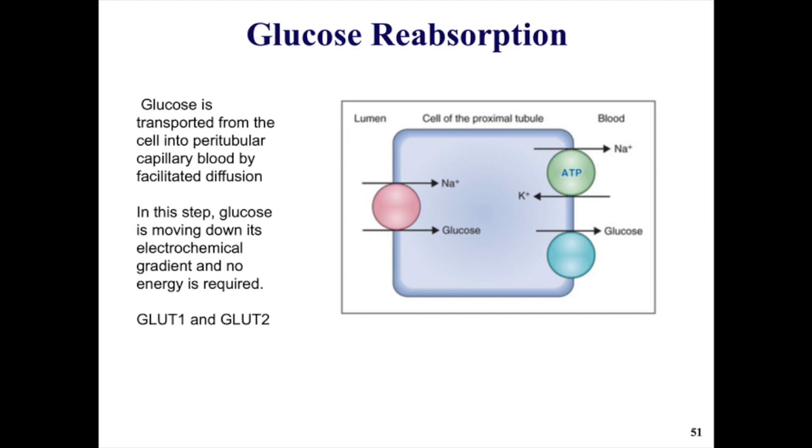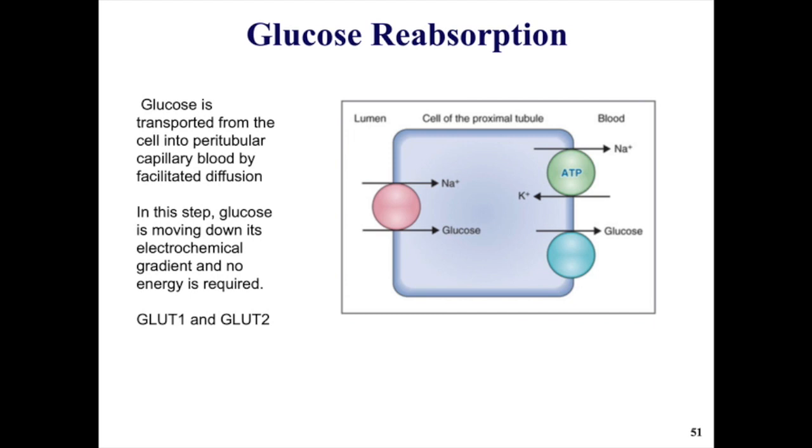That's my point. And it occurs then back from the proximal tubule cell back into the blood. It will go through GLUT 1 and 2. But in both cases, whether it's being co-transported or using facilitated diffusion, both cases use a transporter, which means that in both cases the transporters may be saturated.